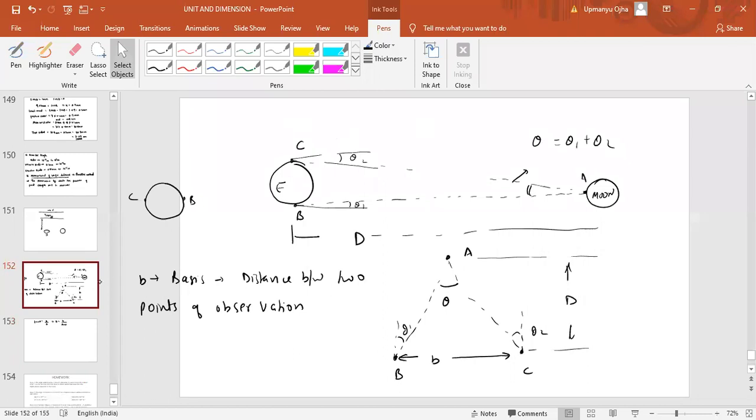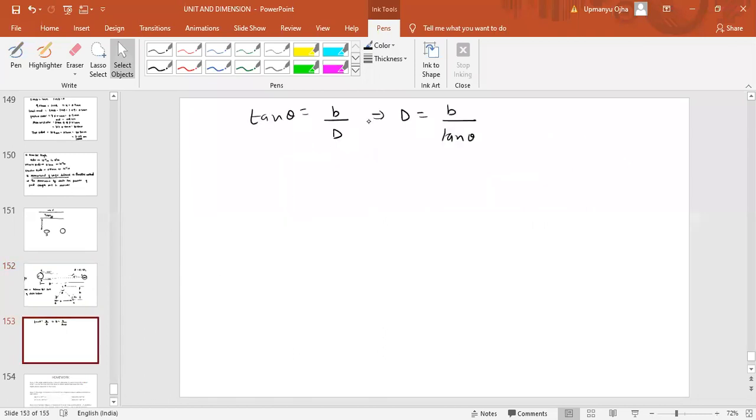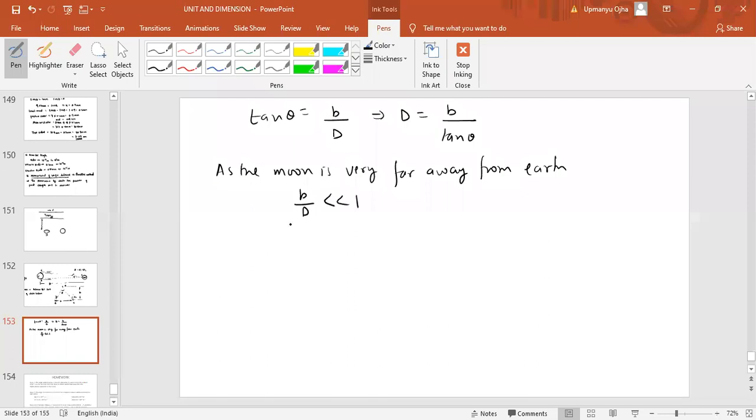Why is it very, very small? You can give one reason: b by D. As the Moon is very far away from Earth, the b by D ratio is very, very less than 1.